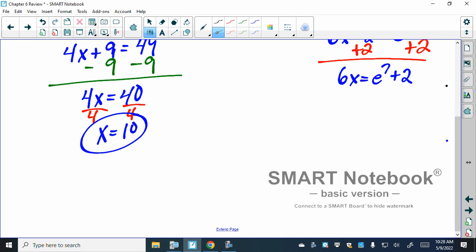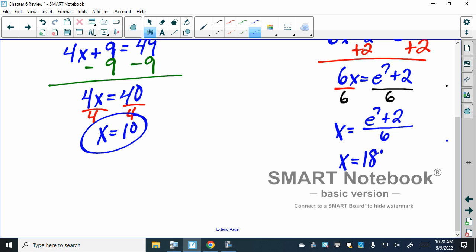And last but not least, we'll divide both sides by 6, telling us x is equal to e to the 7th plus 2 divided by 6. So 183.1055, I believe the answer key says 0.106. Either works fine.